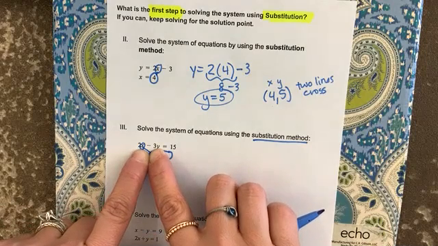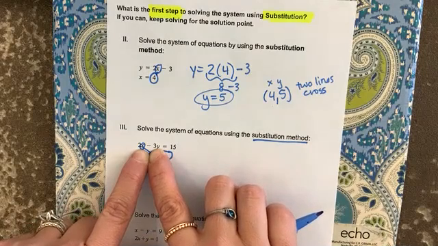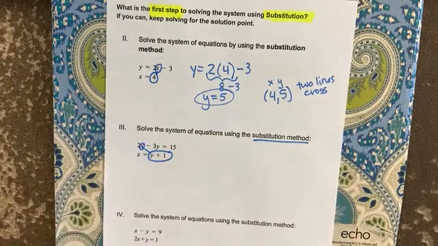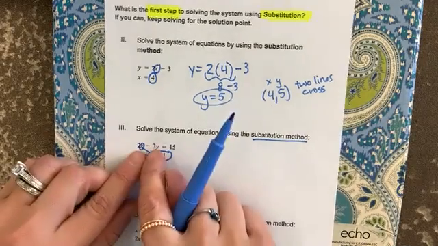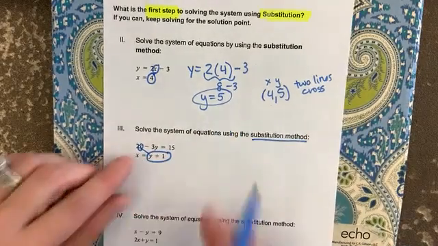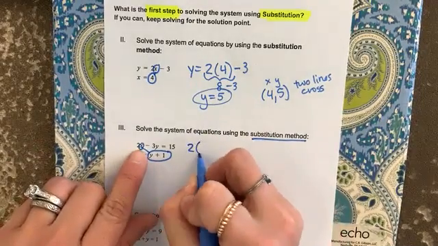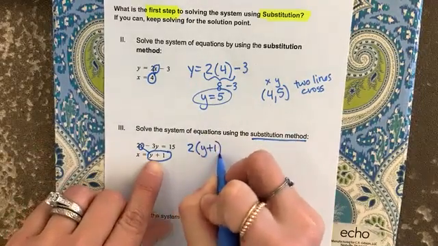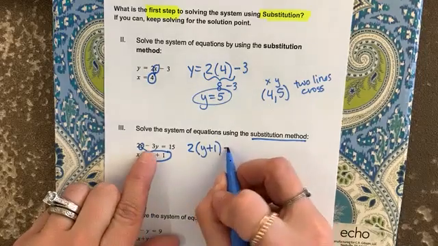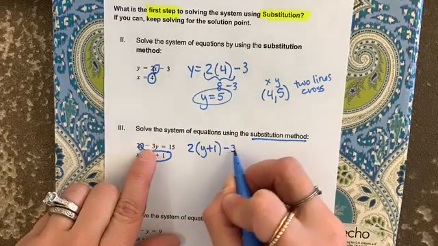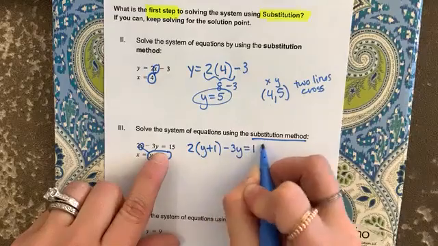You can't get x equals a number, and you also can't get y equals just a number because there's always another variable there. Substitution method gets rid of that x and replaces it with y. So now instead of 2 times x, I have 2 times y plus 1. Then bring down your minus 3y equals 15.